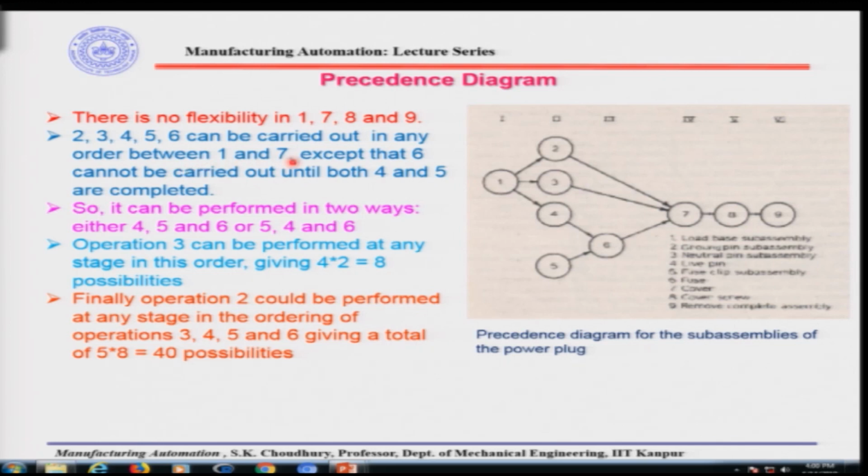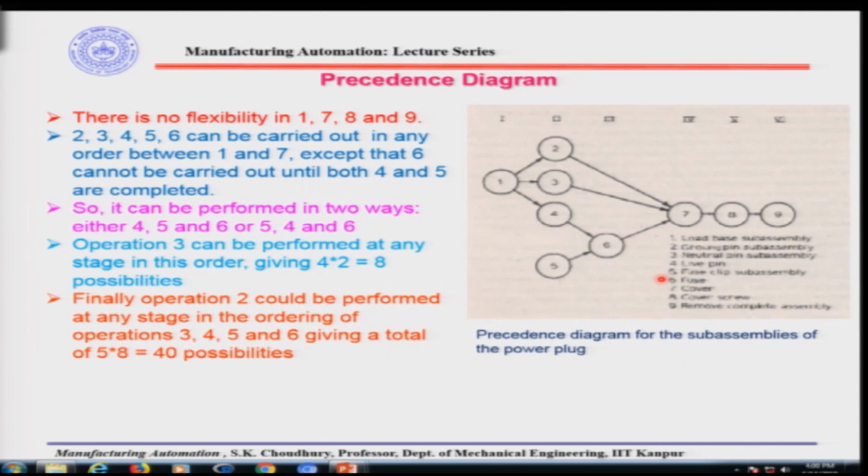So, between 1 and 7, operations 2, 3, 4, 5 and 6 can be carried out in any order, except that 6 cannot be carried out until 4 and 5 are completed. Let us see 4 and 5, live pin and the fuse clip, meaning that the fuse, which is 6, cannot be assembled before the fuse clip sub assembly and the live pin sub assembly go in.